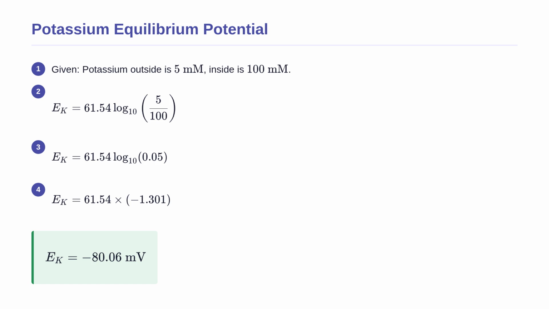This fraction simplifies to 0.05. The base 10 logarithm of 0.05 is approximately negative 1.301. We multiply this by our constant of 61.54. Our final answer is approximately negative 80.06 millivolts. Physically, this means if the membrane were only permeable to potassium, the resting voltage would be exactly negative 80 millivolts.